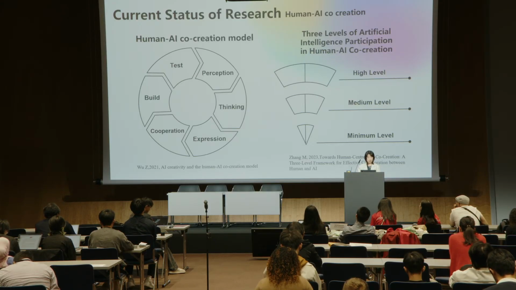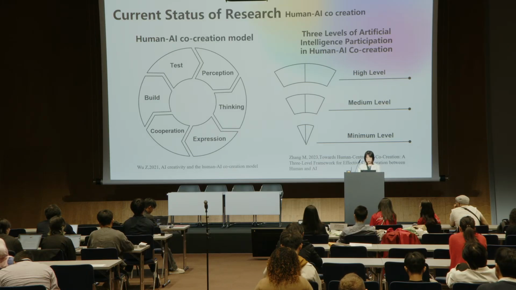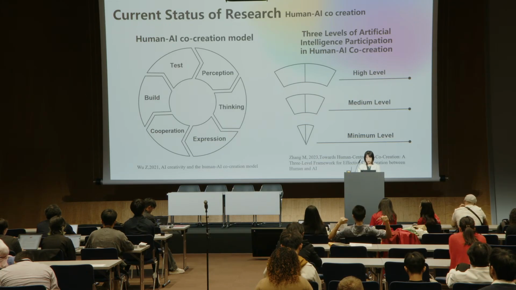It's about perception, thinking, exploration, co-creation, build, and test. It's a cycle model, and there are 3 levels of artificial intelligence participating in human-AI co-creation. For the high level, human and AI do most of the work for the human.